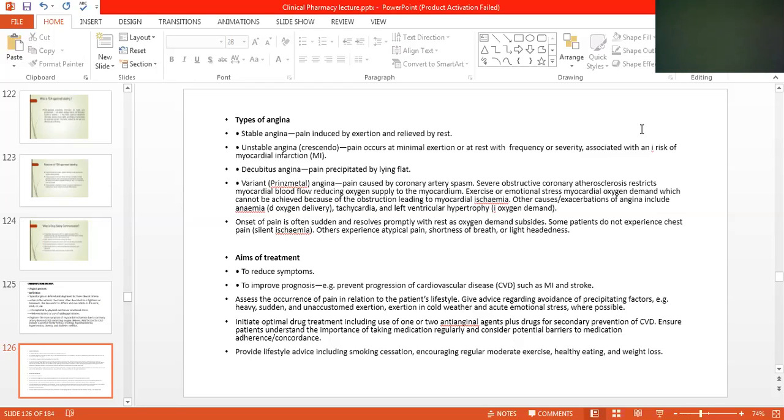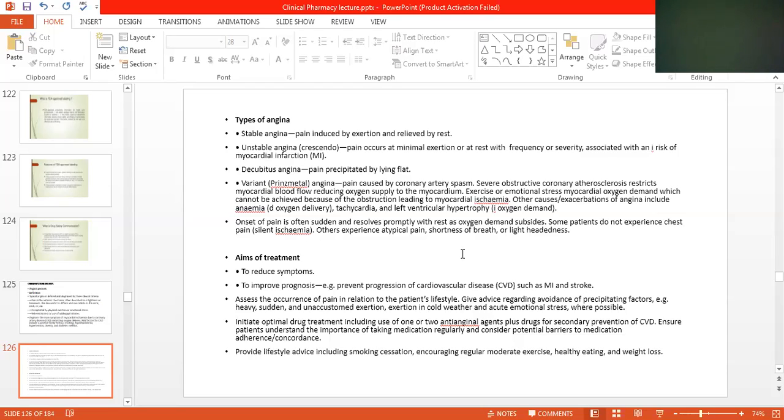Other causes or exacerbations of angina include anemia, lack of hemoglobin or oxygen delivery, tachycardia, and left ventricular hypertrophy, which raises oxygen demand. Onset of the pain is often sudden and resolves promptly with rest as oxygen demand subsides. Some patients do not experience chest pain; we call it silent angina. Others experience atypical pain, shortness of breath, and lightheadedness.